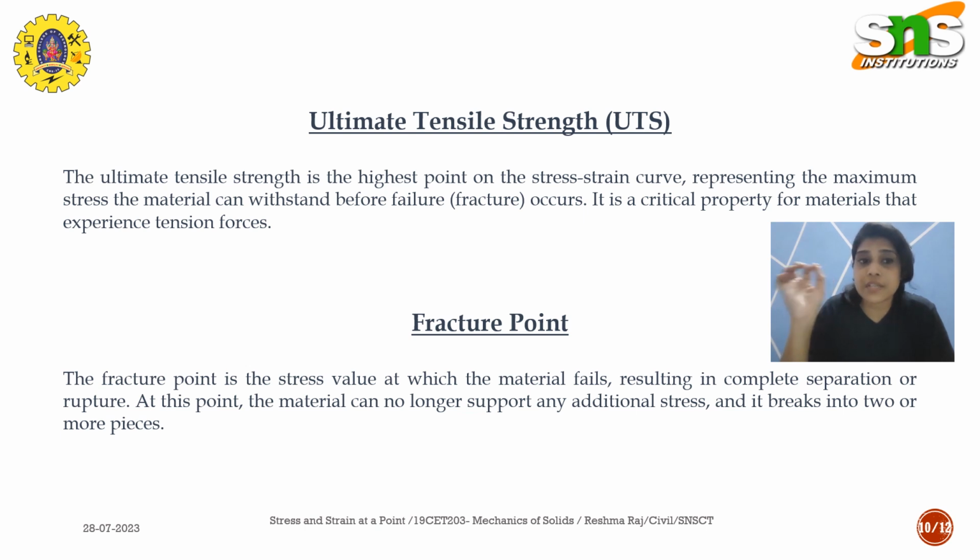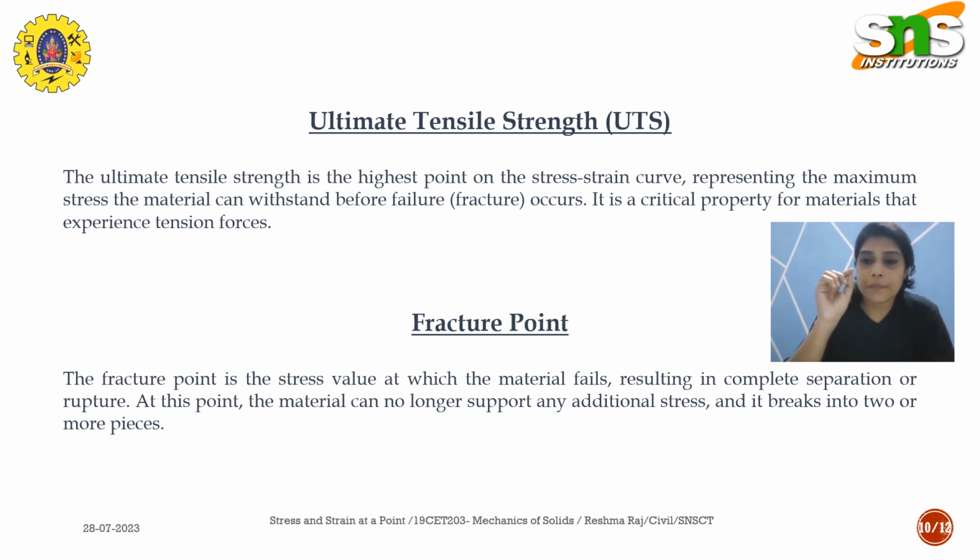It is the maximum stress a material can withstand before breakage, fracture, or failure of the body occurs. Beyond it, the material can no longer withstand that stress. So after the ultimate tensile strength point, failure of the material happens.